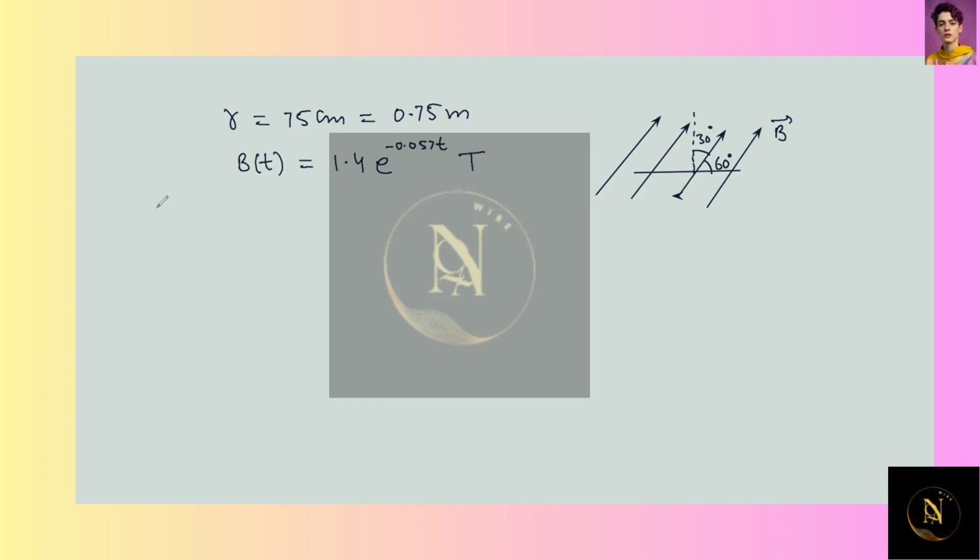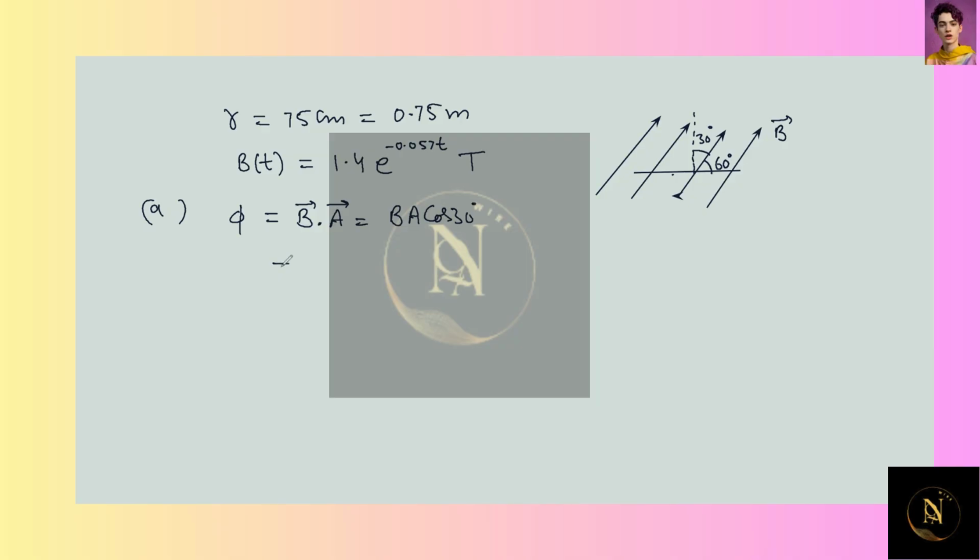So in the first part of the problem, first of all, we will find the total magnetic flux linked with the loop. Using the expression for flux, it becomes B dot A, the scalar product of the magnetic field with the area of the coil. So it comes out to be B times A times cosine of the angle between the area vector and the magnetic field, which is 30 degrees.